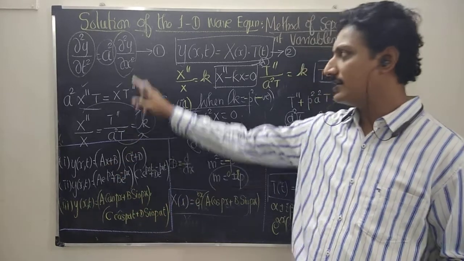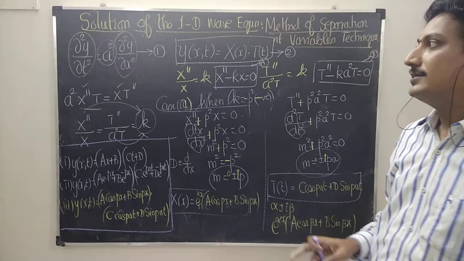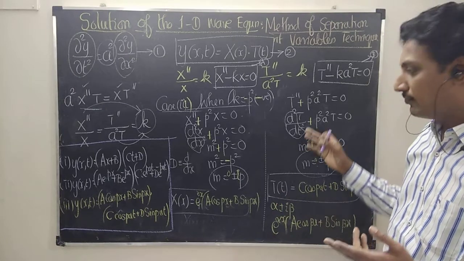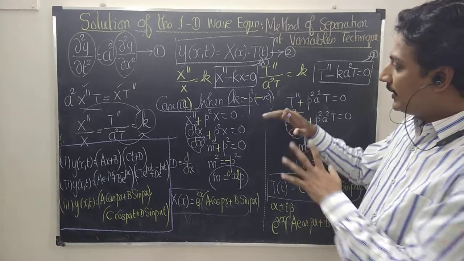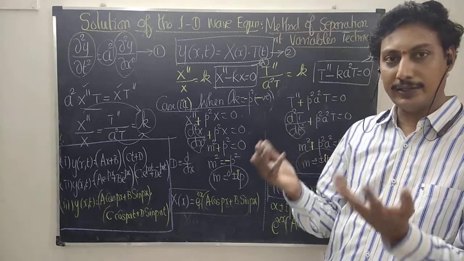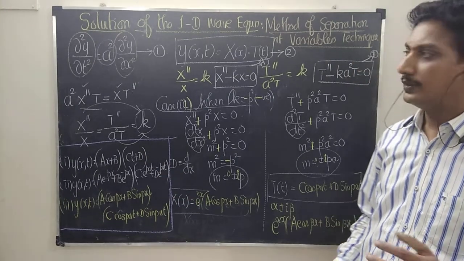Similarly for t, the order must be 2, so there are two constants for t. Now when I discuss k positive, k negative, k equal to 0, I found that there are three possible solutions.